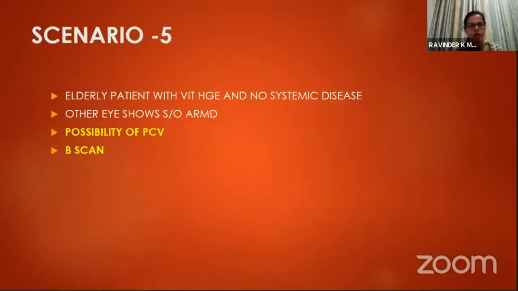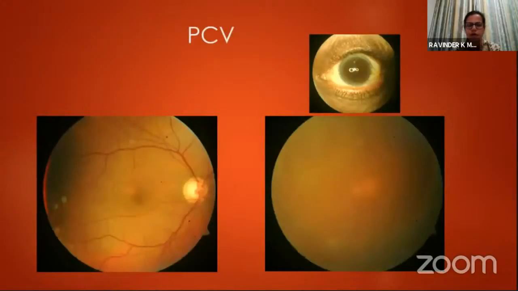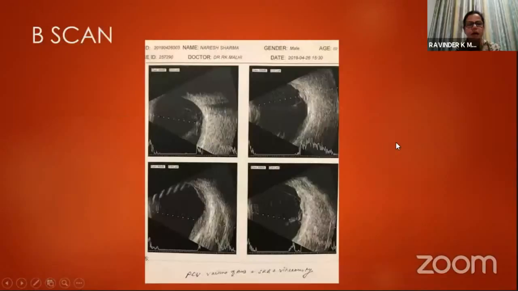This is the fifth scenario where an elderly patient comes with vitreous hemorrhage and no systemic disease, and the other eye is showing some signs of VRMT, and in such a patient there is possibility of PCV. B scan is very important, and in one such patient, a 70-year-old, presented with vitreous hemorrhage in the left eye, and on B scan we could see mounds of vitreous hemorrhage with subretinal bleed.